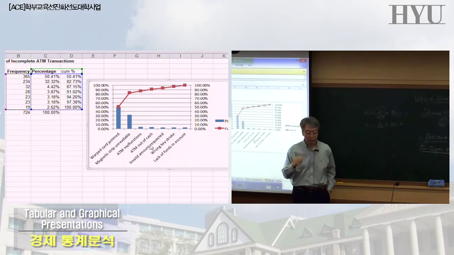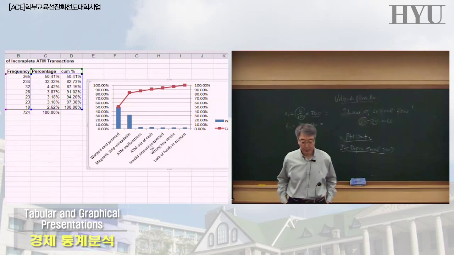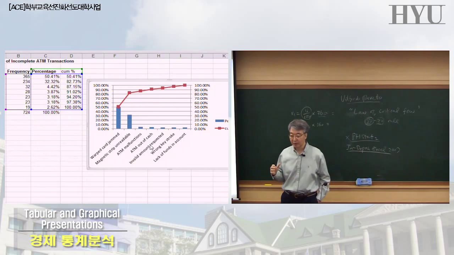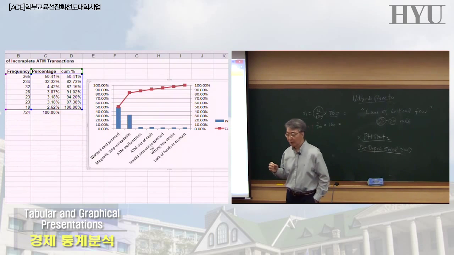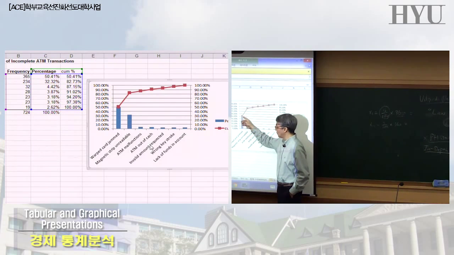And if you do a web search, there are many programs you can locate on the web, other than Excel, through which you can create the Pareto chart. And in many cases they don't start from the top.